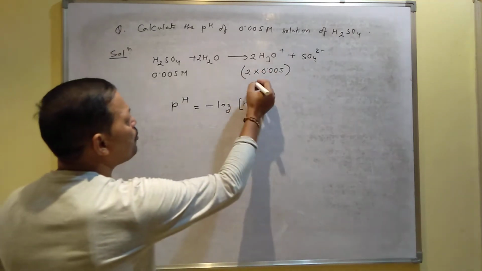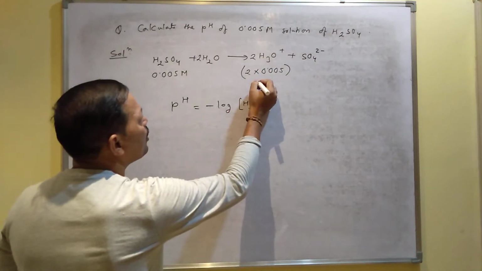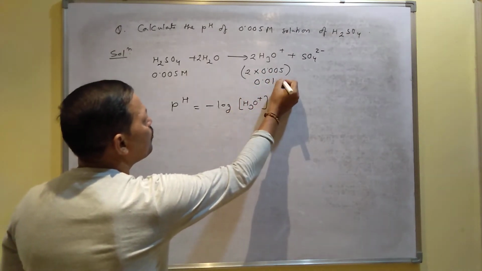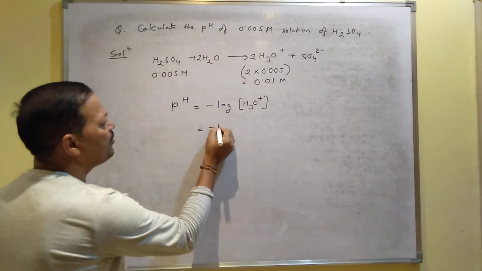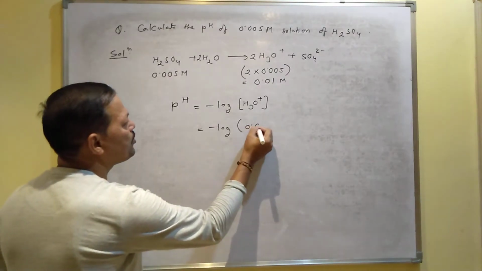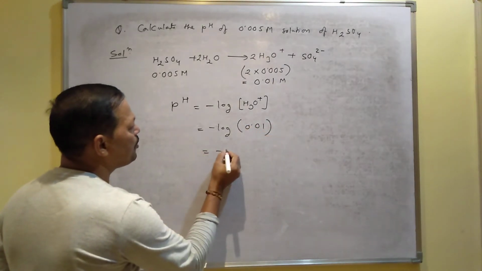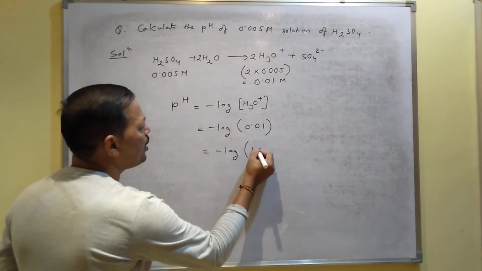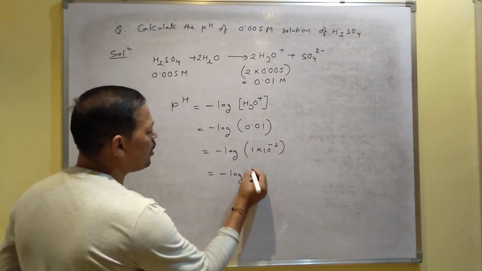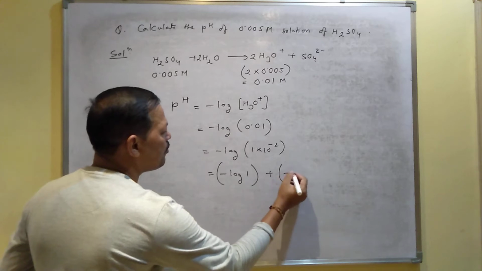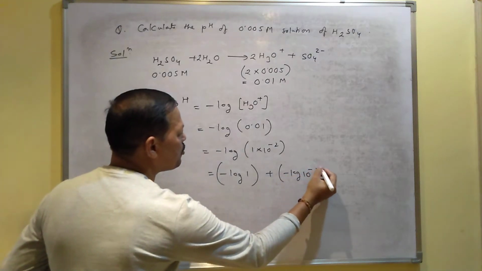So 2 into 0.005 means you can write 0.01 molar. Okay. Now you can put the value minus log of concentration 0.01. That means you can write minus log of 1 into 10 to the power minus 2. That means minus log 1 plus minus log of 10 to the power minus 2.